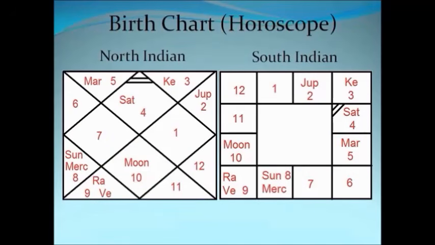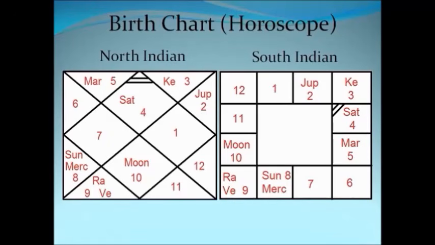Let us discuss an example to understand how a horoscope looks. Have a look at these two squares. These two square-shaped diagrams show the same horoscope in two different formats. Both these formats are popular in India.